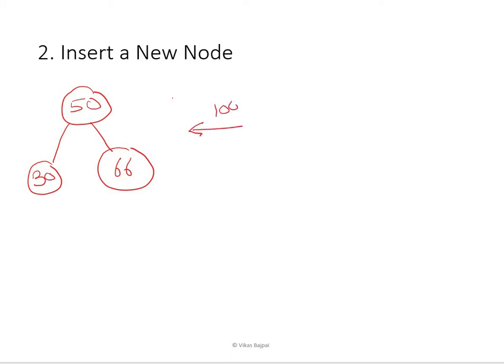In that case, I'll do a comparison. First of all, I found that okay, it's not an empty binary search tree. I went for a comparison. I found my value to be greater than this. I moved towards this. Once again, I did a comparison. So my new value for this BST will be something like this.